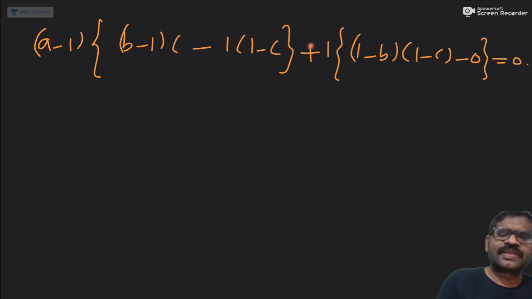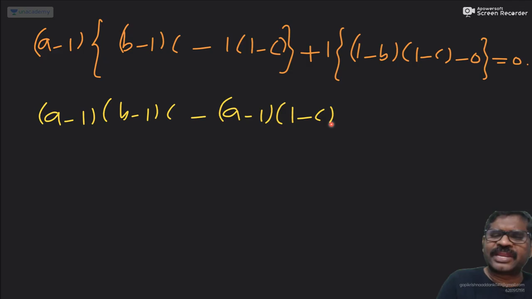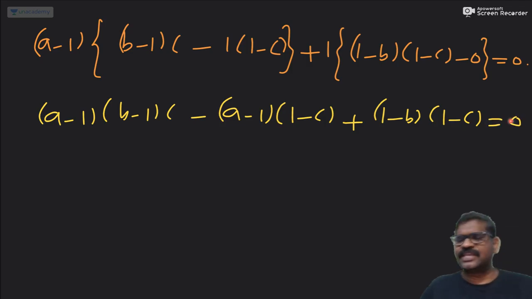Now, a minus 1 multiplied with b minus 1 into c, minus a minus 1 into 1 minus c, plus 1 minus b into 1 minus c equal to 0. Observe, some terms are a minus 1, some terms are 1 minus b.